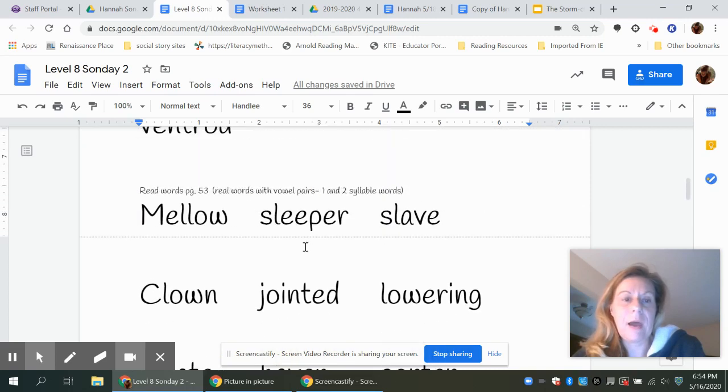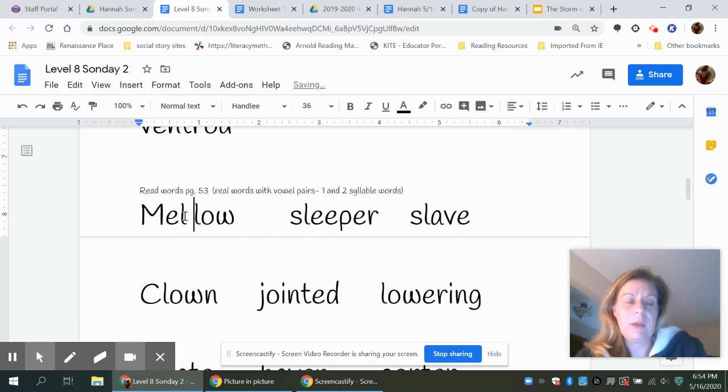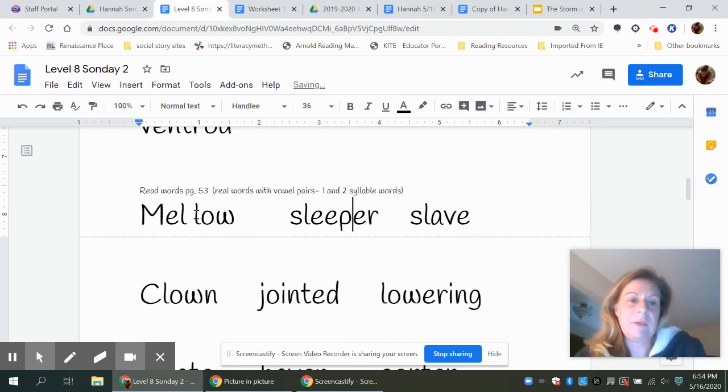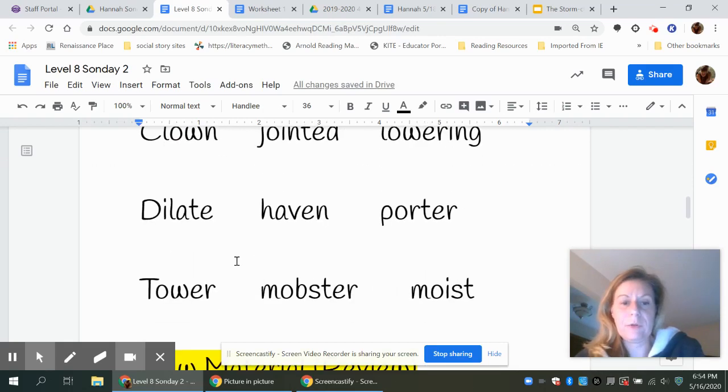So now you go back and read those words and see if you can figure out which ones are those 2-syllable words, like mellow is a 2-syllable word. So a closed syllable and a vowel pair. Sleeper. So that has a vowel pair and a suffix at the end. So really analyzing and looking at our syllable types will help you read those words.